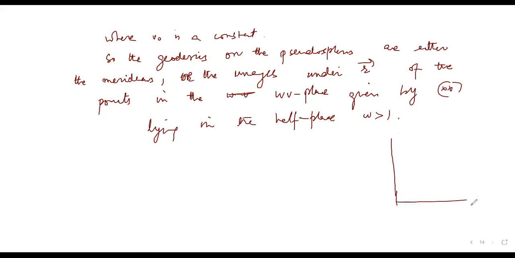It would be like this. If this is my W, this is V, then W has to be greater than 1, and of course then this should be some kind of a part of a circle which lies in this plane. So its image in the pseudosphere will be a geodesic.